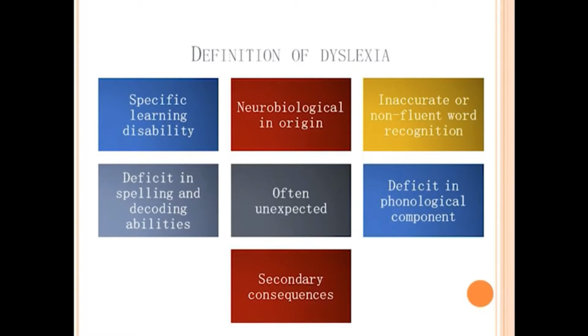Simply stated, these children have difficulty processing speech sounds, segmenting them, storing them accurately, retrieving them accurately, and in some cases, articulating them accurately. Children with dyslexia often suffer secondary consequences as a result of their difficulty in decoding. They may appear to have comprehension problems. These are due to the decoding problems. They may appear to have behavioral problems as they deal with their frustration with having difficulty learning to read.